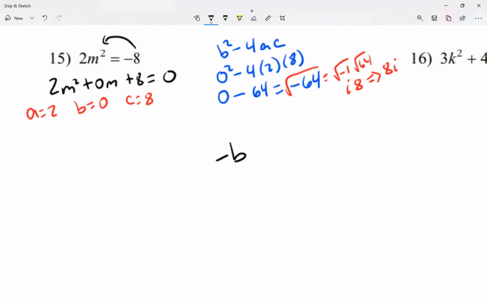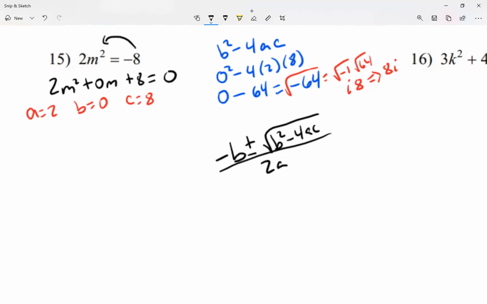A bad boy went to a so-called radical party. The boy was being squared, so he lost a chance with 4 awesome chicks. Everything was over at 2 a.m. So negative B, so let me just write this as a negative 0 plus or minus 8i. I just figured that out. 8i over 4. Remember, it's 2 times A, so over 4.